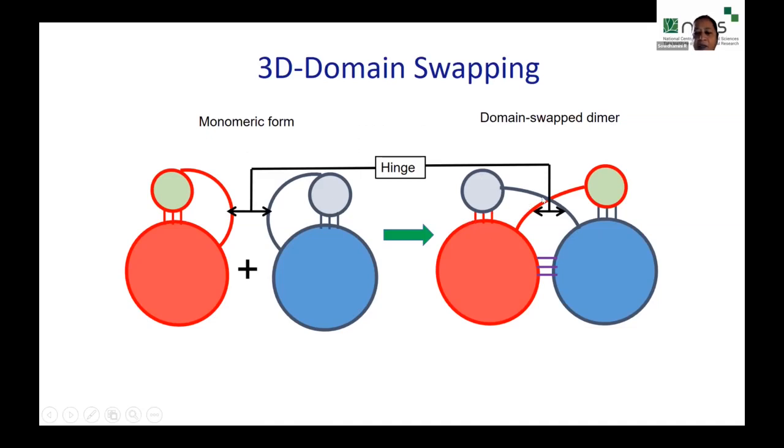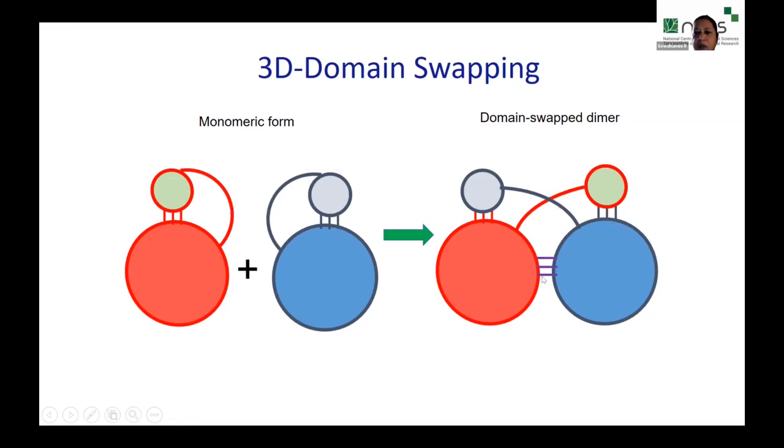And the primary interface is what the two protomers are already engaged in. However, there is a newly formed interface that arises between the little domain that has gone to the other chain, right?